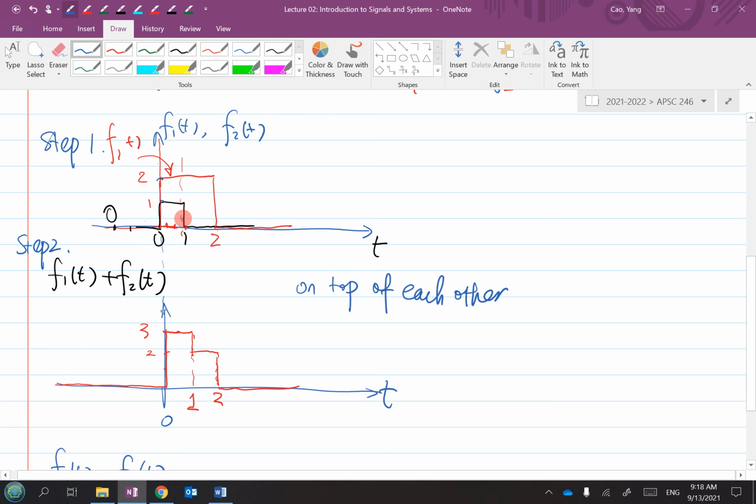If you do it fast, you can probably finish within 15 seconds. But take your time at the beginning, to completely understand how to graphically add or subtract or even multiply two functions.